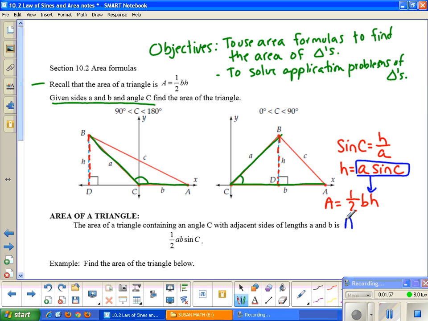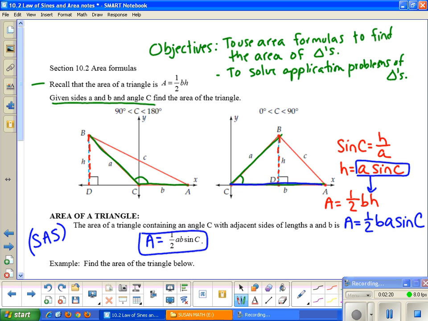The area would be equal to 1/2 the base, which we're calling length B, times the height, which is A times the sine of C. Notice that if you're given a side, an angle, and a side, and it's always the included angle, you can find the area by doing 1/2 times the two sides times the sine of the given angle.